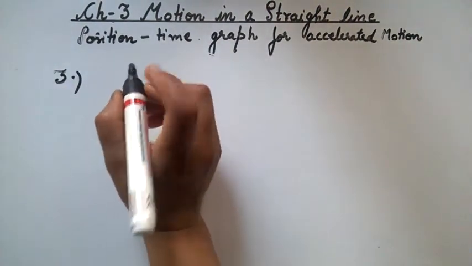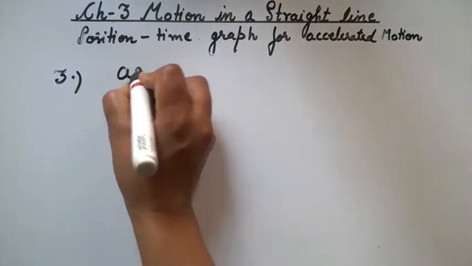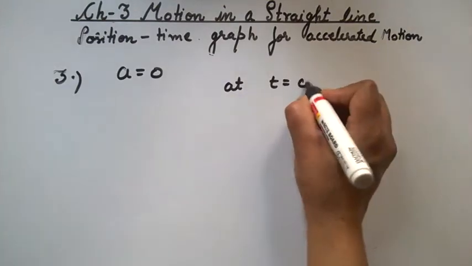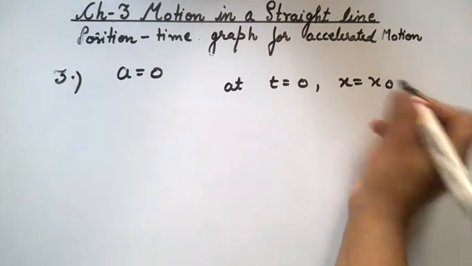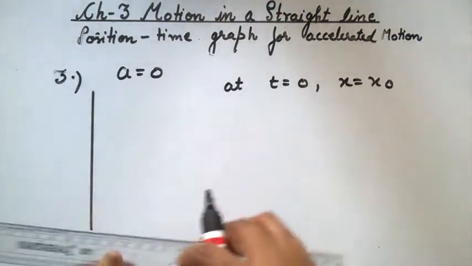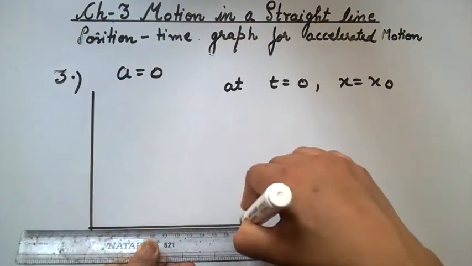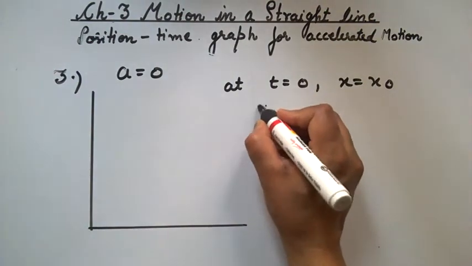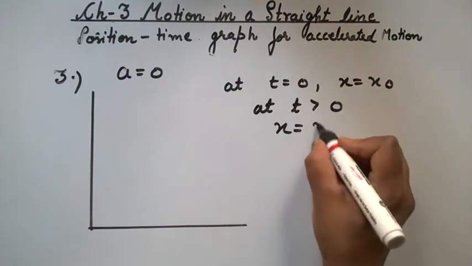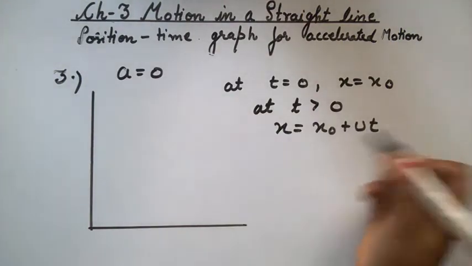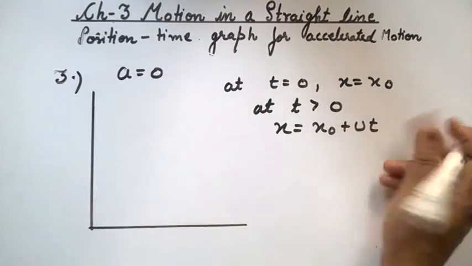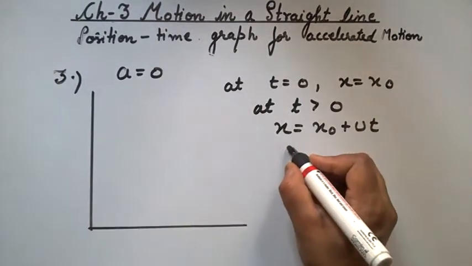When the object has no acceleration, that is acceleration is 0, then at time t equal to 0, x is equal to x naught, same position, but now at t greater than 0, x is equal to x naught plus ut, because here we are taking acceleration as 0, so the half at square term will vanish and we get x proportional to t.